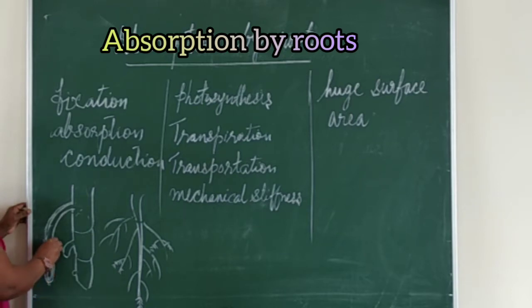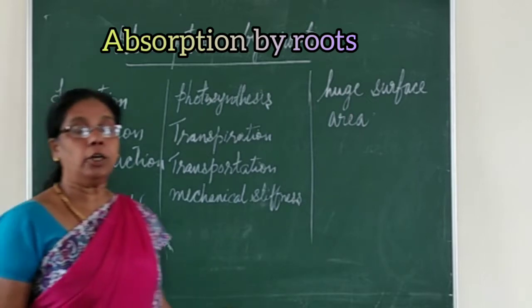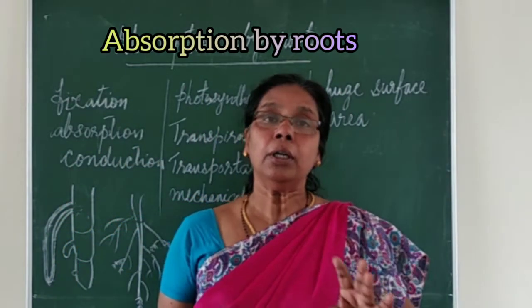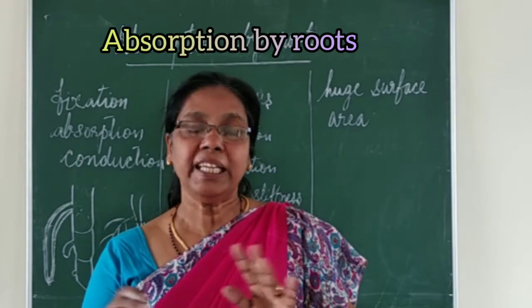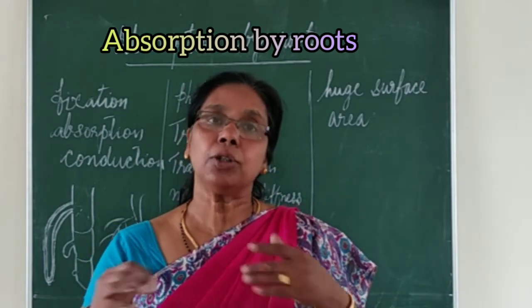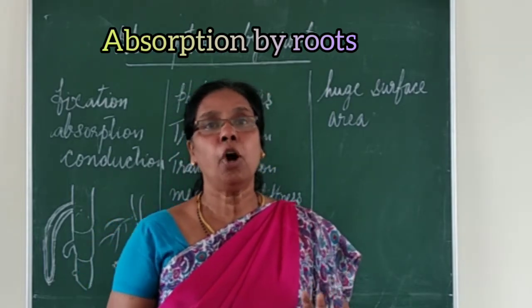So the next feature is that it contains a thin cell wall. That cell wall, you know, the features you studied last year. What is the specialty? It is freely permeable. It allows all substances to enter and to go out.